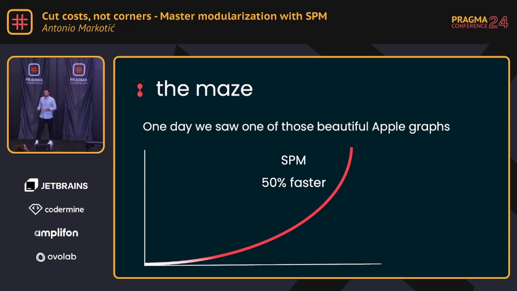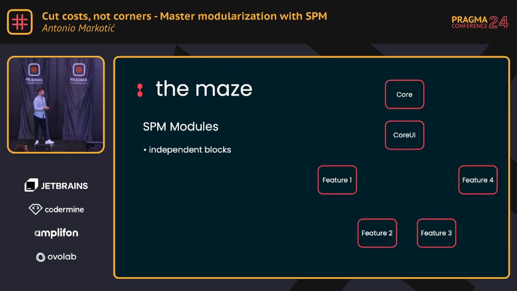So, the best way to start understanding SPM is to understand what the building blocks of SPM are. So, we're now looking at something similar to what we've seen before, but we are no longer looking at a dotted line. We're now looking at a full line that surrounds our feature modules.